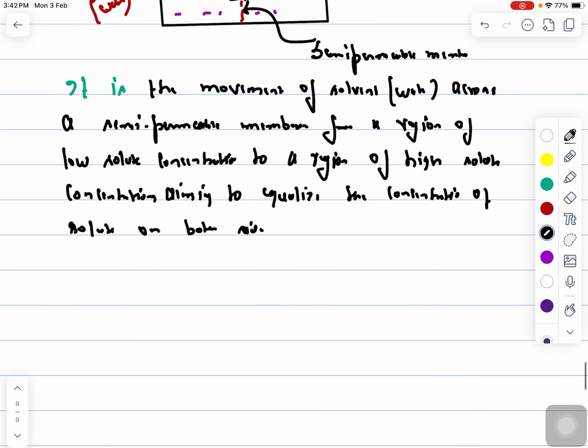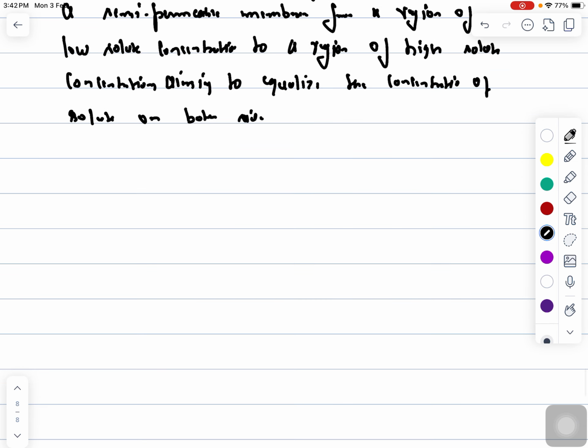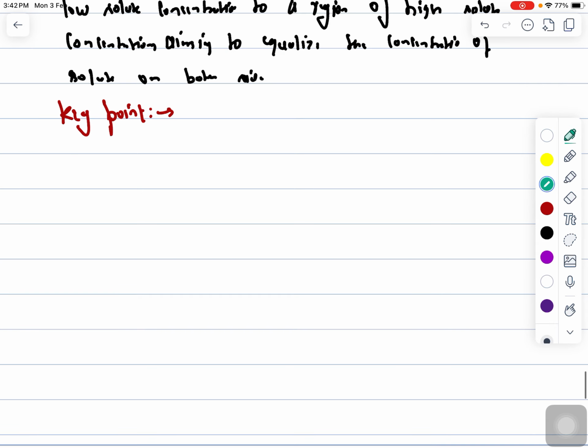So what is most important here, if I want to write the key points for osmosis, and all of these questions can be asked theoretically. The first key point is that only solvent molecules can move, only solvent moves. The solvent here I am assuming is mostly water, and it occurs through a semi-permeable membrane only.